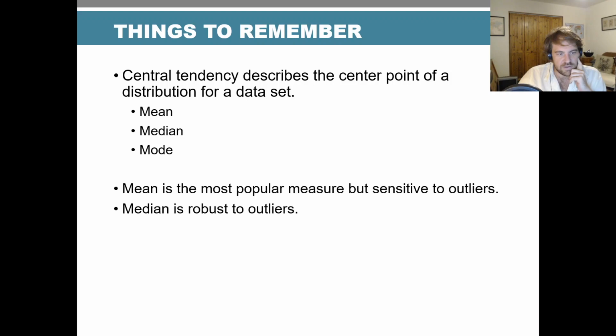A capital N is the population size, and also a mu is the population mean. A little n is the sample size, and x bar is the sample mean. You see x bar in our formula here for computing the mean, which is x bar equals sigma x sub i. That's where the i should have been that I put in the other place. I found it.